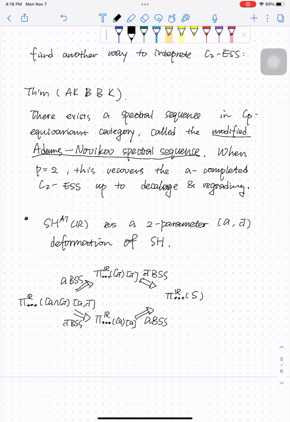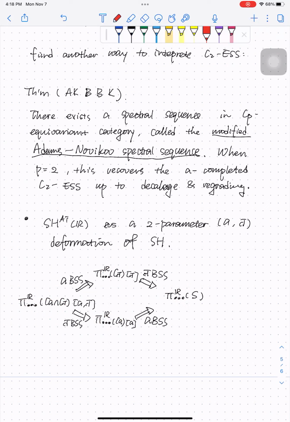And we have the square of four spectral sequences. And in fact, you can calculate all these things. Not this one, but you can calculate C_tau, calculate C_a, calculate C_a smash C_tau, their homotopy groups.